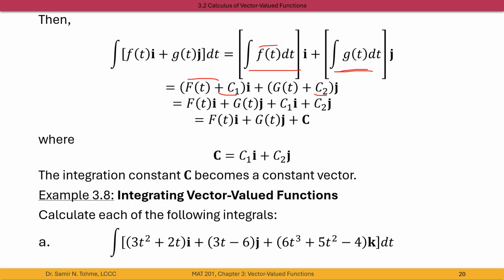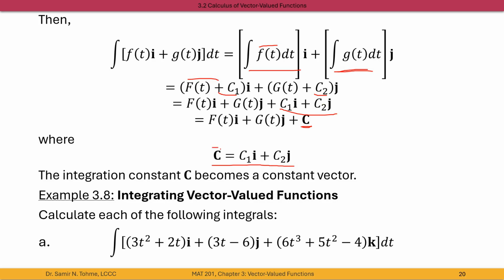Now, group C1 and C2 together over here, and we will call C1 i plus C2 j equal to C. And if you realize that, you will realize that C over here is a vector. C1 and C2 are scalars.